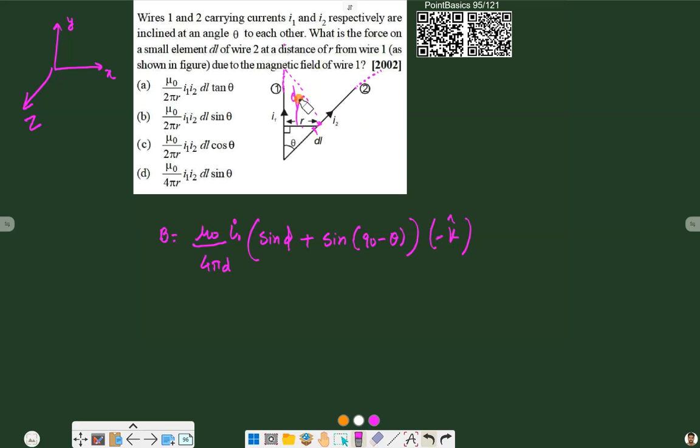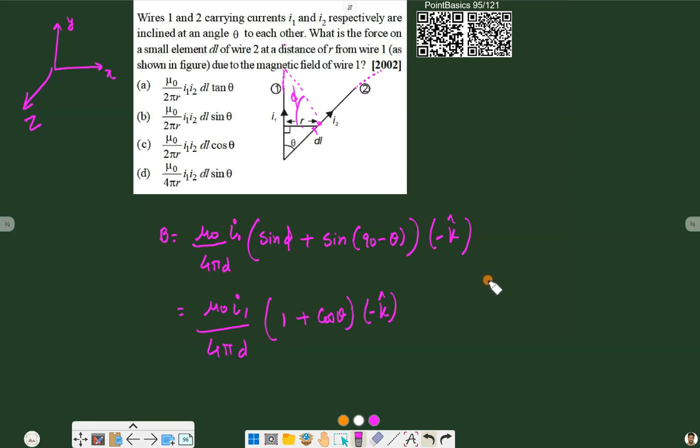Now for an infinite wire, phi is almost 90 degrees, so sine phi will be 1, and sine of 90 minus theta is cos theta, and the distance is r, so it will be mu naught I1 by 4 pi d into 1 plus cos theta, along negative k.